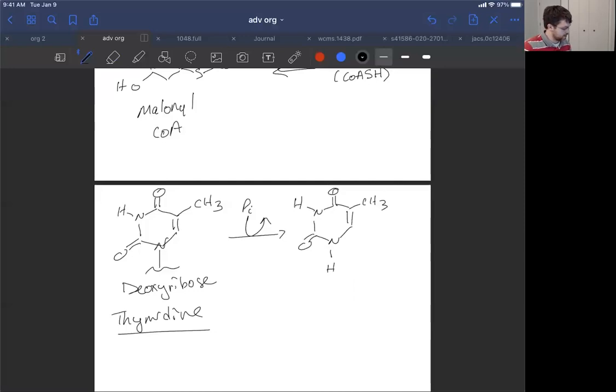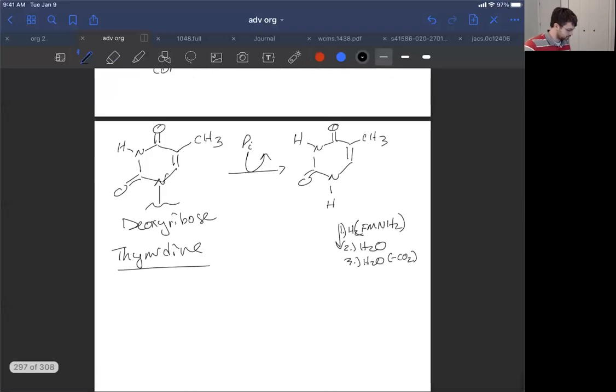Okay, now at this point, we're going to go through the same steps. We're going to go with H2 addition by way of FMNH2, and that will reduce the double bond. Then we're going to add water with loss of CO2, and then we are going to oxidize and thioesterify.